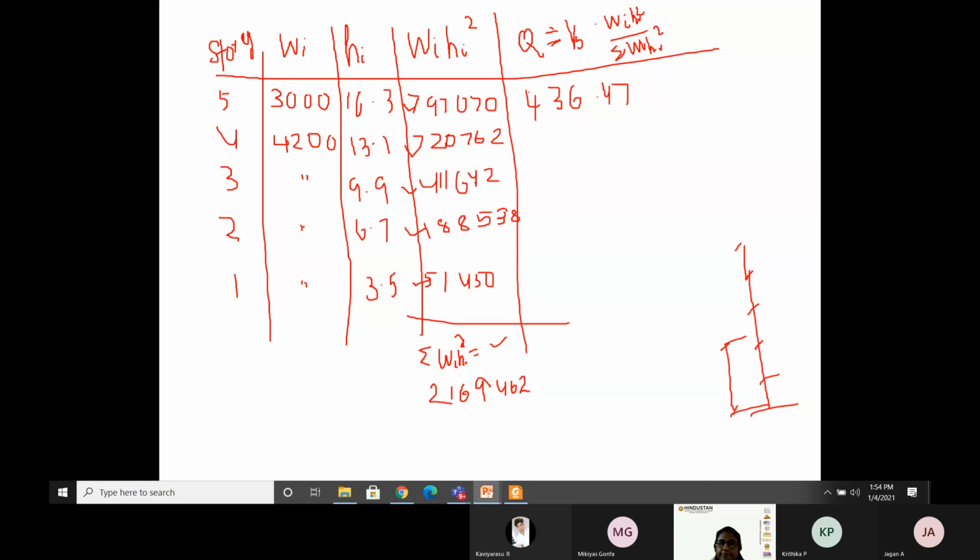Then your first value will be Q equal to base shear 1188 multiplied by the first value Wi Hi square, 797,070, divided by the summation 2169462. That is how you have to calculate.